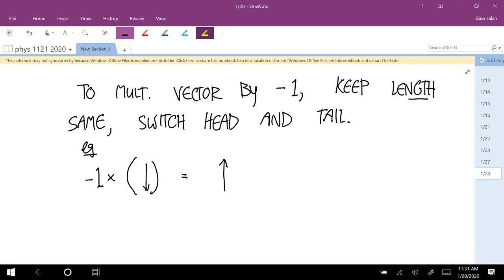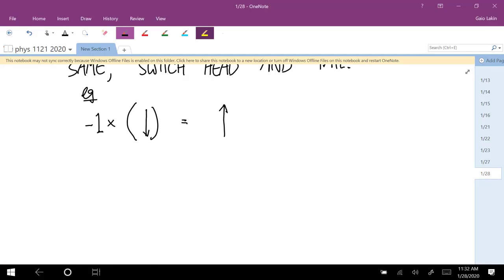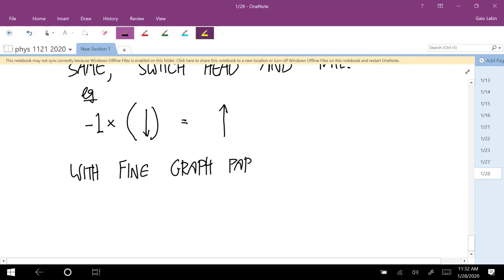Okay, so to multiply a vector by negative 17.5, you make the vector 17.5 times as long, and then just move the head to the other side. This is a way that you could do all, with fine graph paper, and a straight edge, a ruler.